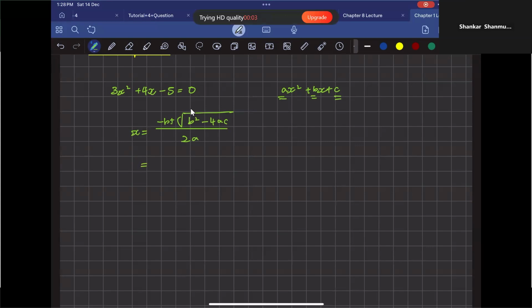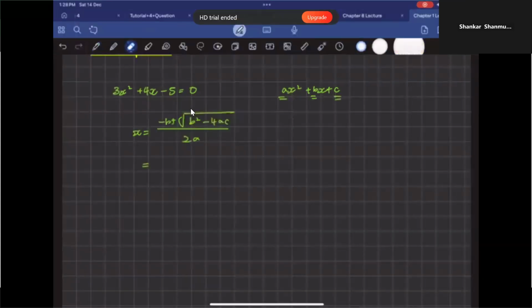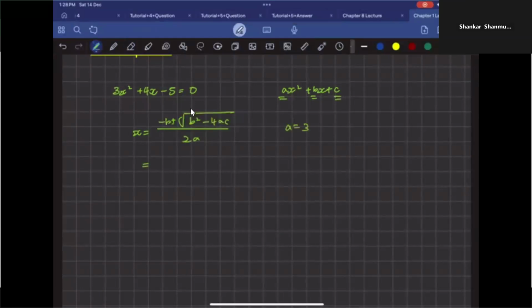So in this case, your a is equal to 3, b is equal to 4, c equals minus 5. So it will be minus 4 plus or minus root of 4 squared minus 4 times 3 times 4, over 2 times 3.